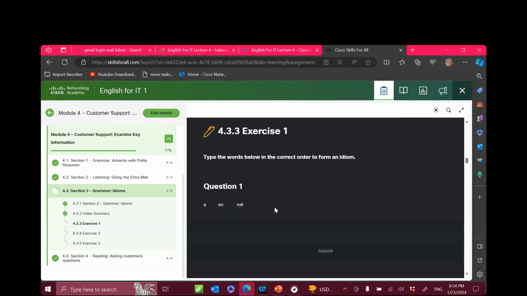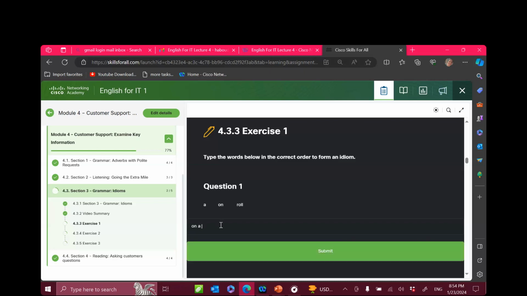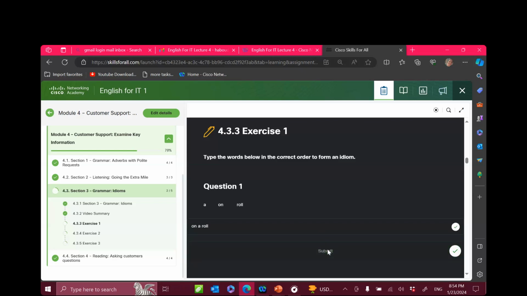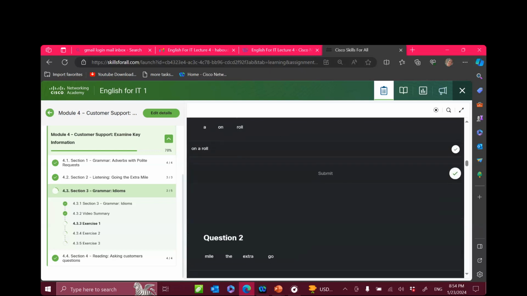On roll. طيب ها مين فاكر الايديوم ده بيقول ايه؟ يلا مين هيساعدني؟ صح كده؟ طب خلينا نشوف. Excellent. On a roll. But this is question 1. Question 2.